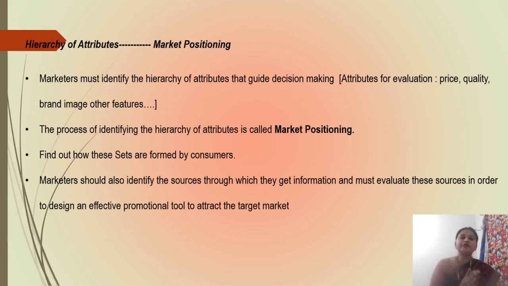It is the duty of the marketer to consider the hierarchy of attributes, and the manufacturer should manufacture according to the priority given by these segments: price dominant people, quality dominant people, and brand dominant people.